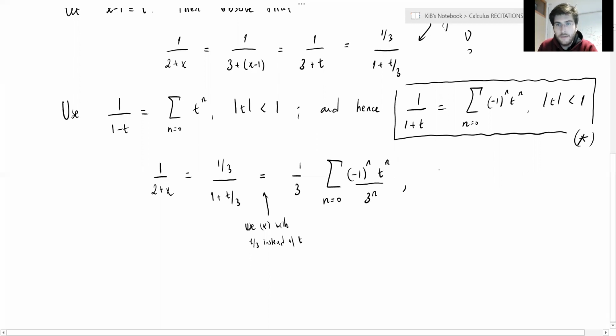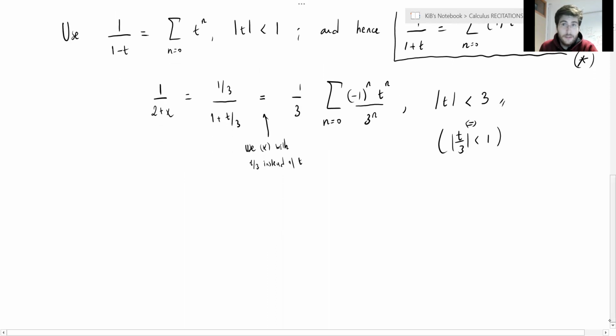But now, instead, we have t less than 3, right? Because instead of t, we replaced it by t over 3, and this turns out to be this restriction, of course. So no problem. But remember, what is t? We just invented t to use the Maclaurin series representation, right?